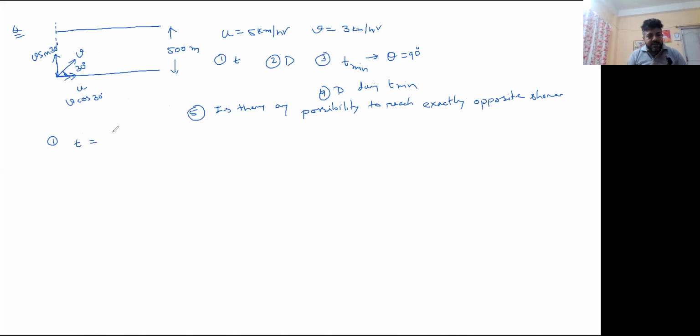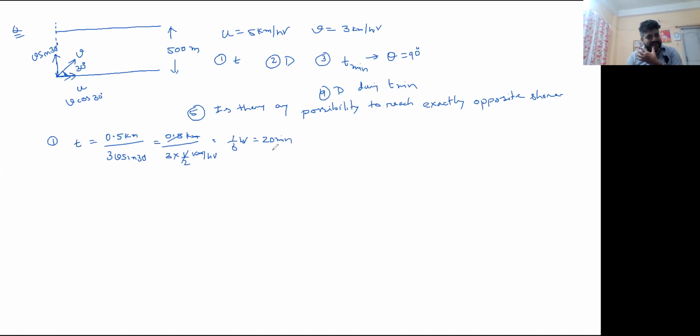Converting to kilometers, the width is 0.5 kilometer, divided by V sin 30 degree, that is 3 kilometer per hour by 2. The kilometers cancel, so it is 1/3 hour, which means 20 minutes.